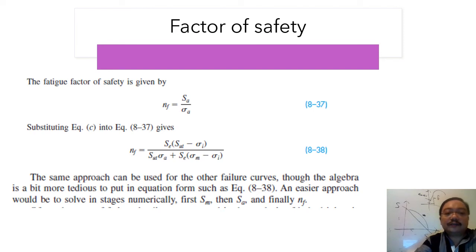So the factor of safety is what you want to give the value for. The fatigue factor of safety is given by NF equals SA over stress A, strength alternating over stress alternating. So this is the equation given by stress endurance, ultimate strength. In the end, you must know what is the ultimate strength of that material.